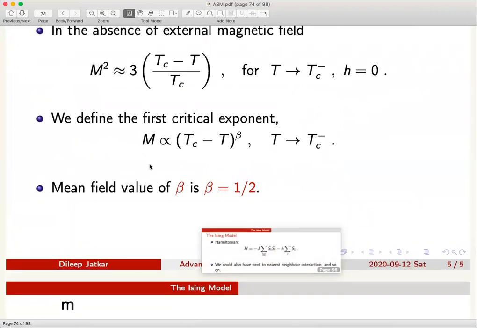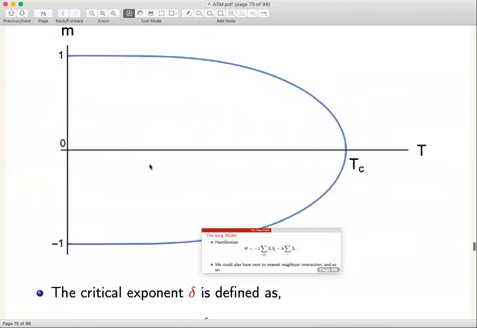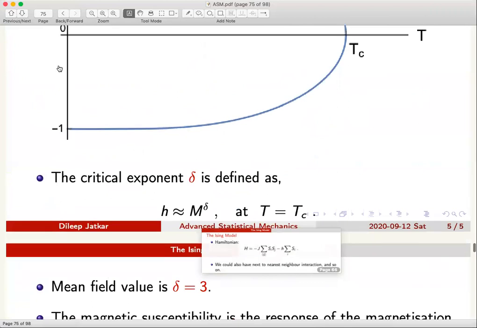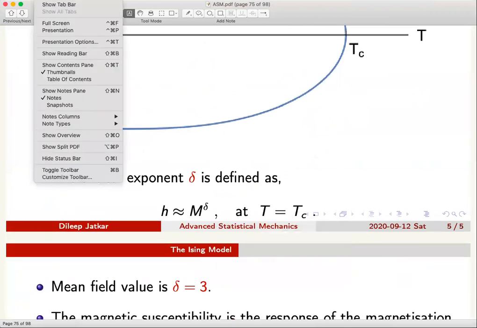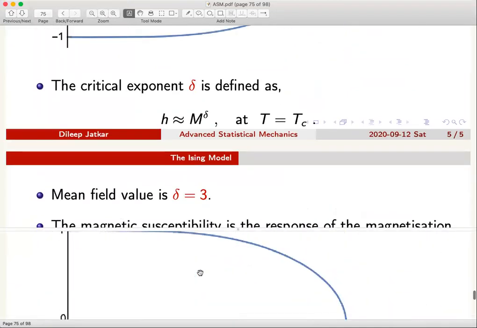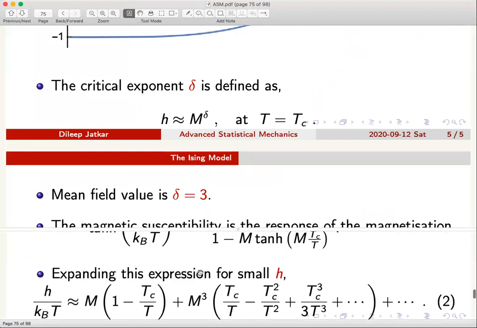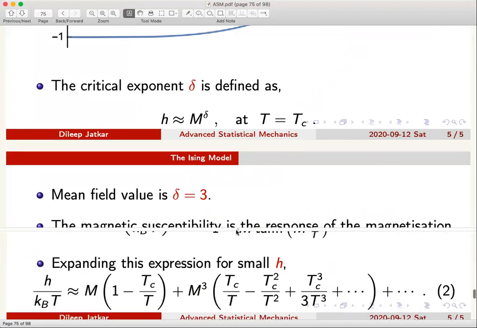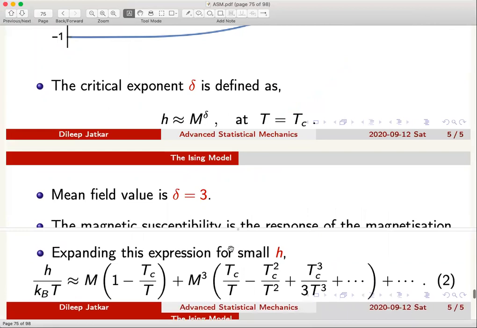Okay, the next critical exponent we found was delta, and that was the dependence of magnetization on the external magnetic field. Maybe I should just split the screen. Okay, so this is the equation that we need.